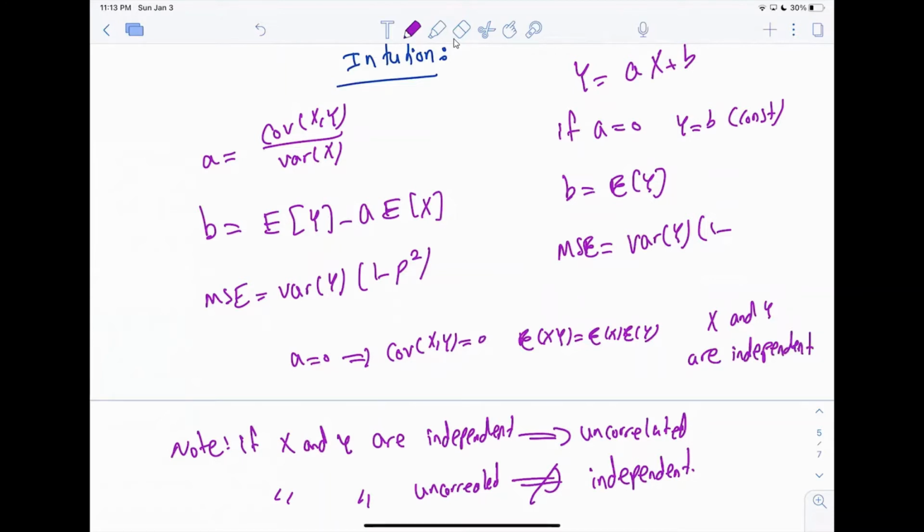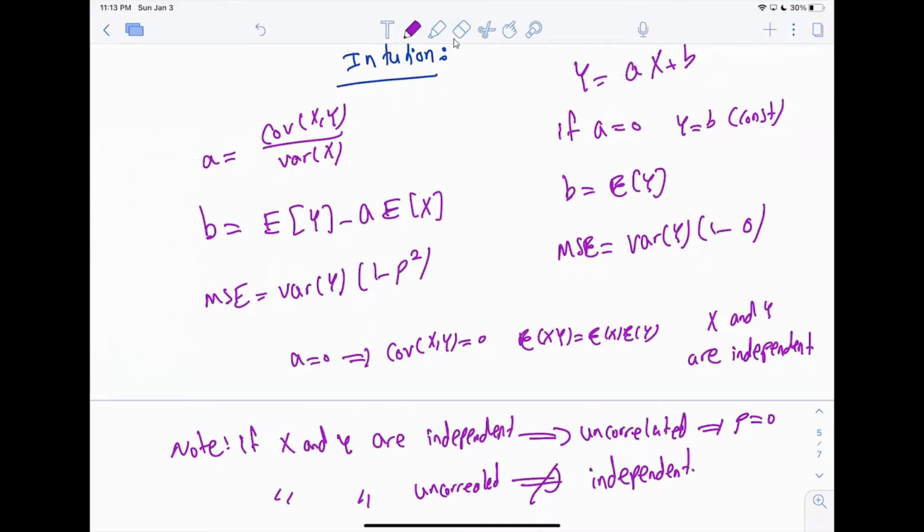If they are independent, we just said that they are uncorrelated. This means that rho is 0, so you get 0 here, and the MSE becomes the variance of y. Remember, in the first part of this video I said that we want to estimate a random variable y based on some constant.